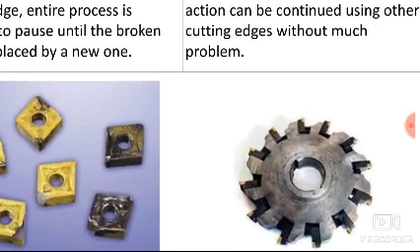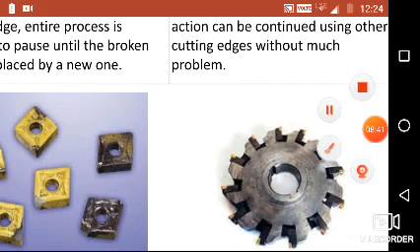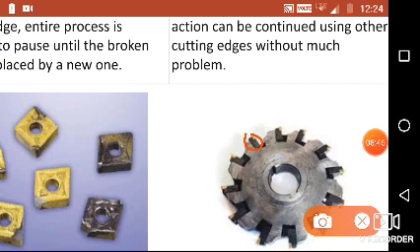This is an example of a milling cutter. Suppose in this case one insert gets broken, right? You can machine the component with the help of the other inserts, so you need not stop the entire activity. You can carry out your machining process, and after that you can replace this insert.